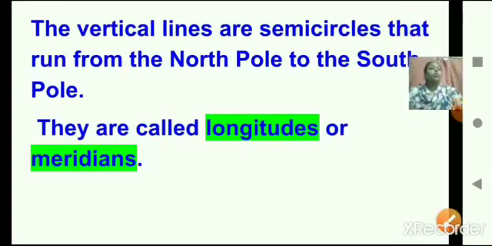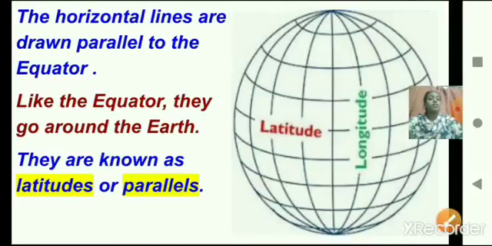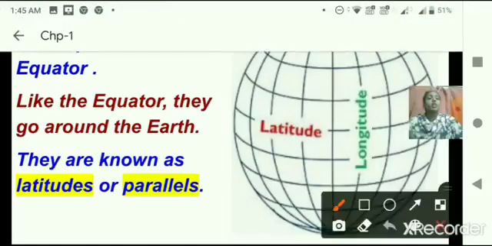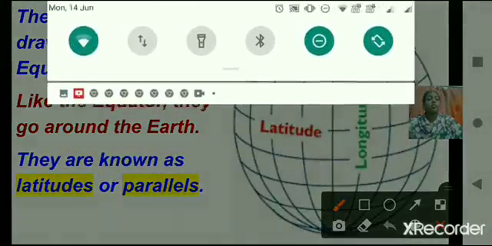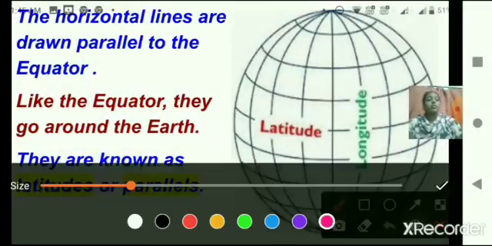The vertical lines are semicircles that run from the North Pole to the South Pole. These are the vertical lines here.